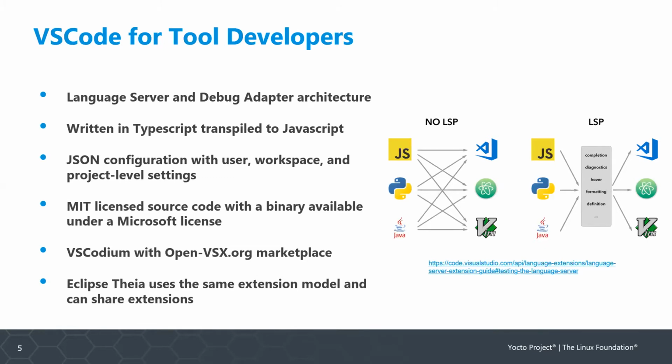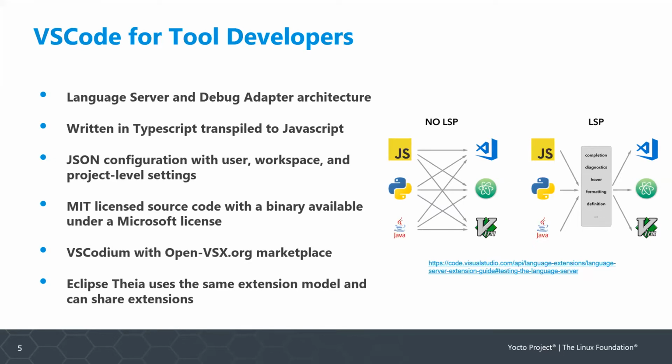One of the things that makes Visual Studio Code different is this introduction of a language server and debug adapter architecture, which means rather than having all of these bits and pieces coming from different projects or vendors or providers, it's actually possible to interface them through the IDE and have everything working together. And this is very powerful because it means you can make your own language server in Node.js and tie it into the VS Code interface, and everything just works.